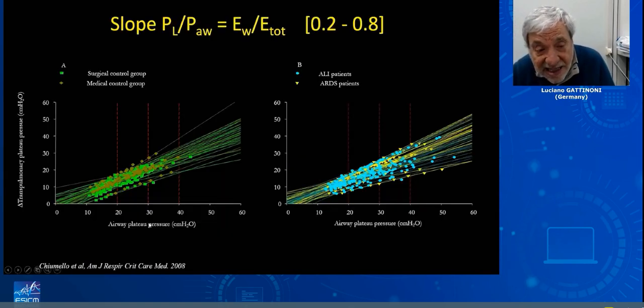And this is an example: airway plateau pressure 30 may be associated with a transpulmonary pressure, which is equal to stress, of 8 or 24. Each of these lines is one patient. These are ARDS patients, surgical controls, and so on. The physics are equal in all physiology.